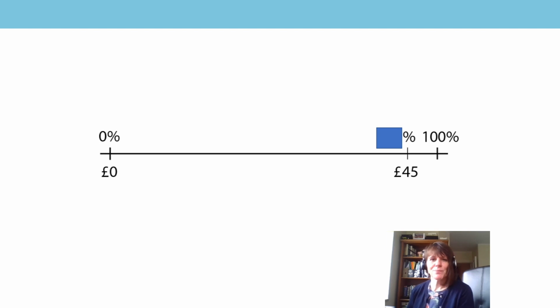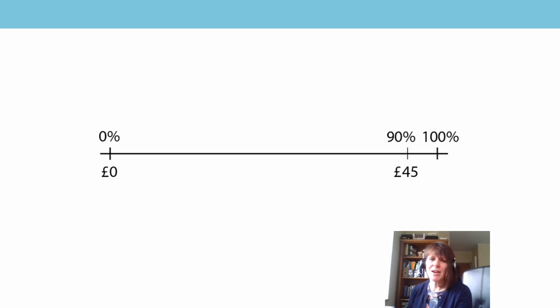Let's have a look at it on a double number line as well. So we know that the coat here has been reduced by 10%. So what's the missing percentage here underneath this rectangle? Yeah, you're right, it's 90%, because we can work that out: 100% subtract 10% is 90%.